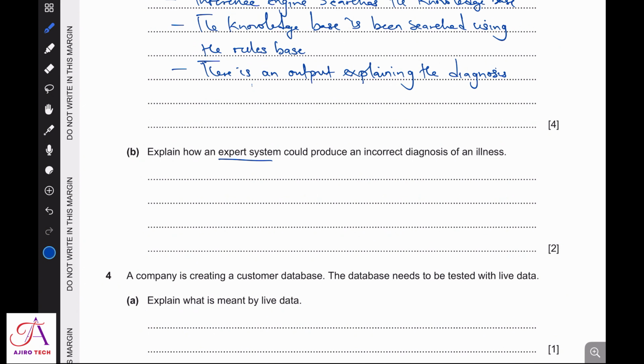Users sometimes can make very dangerous assumptions that they are infallible. So let's talk about it real quick. Here, one way is that the user enters incorrect data.